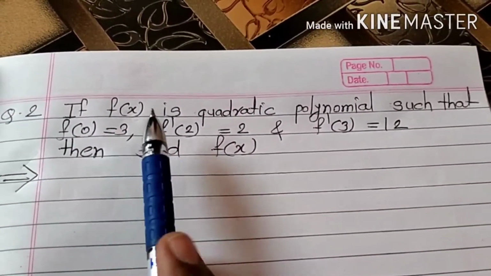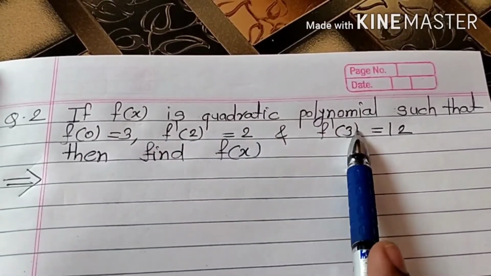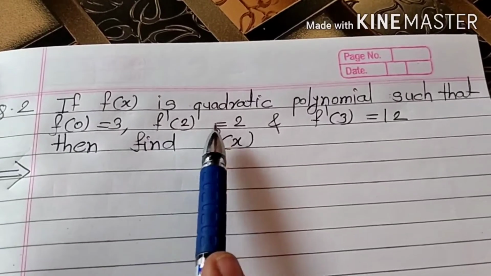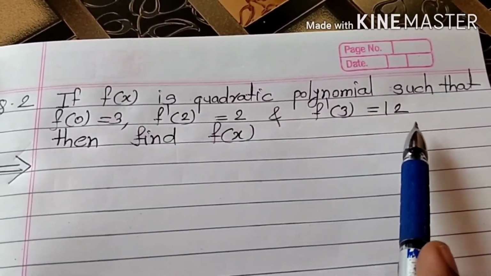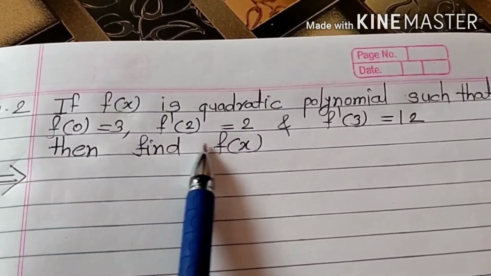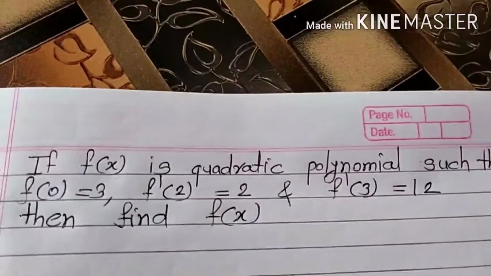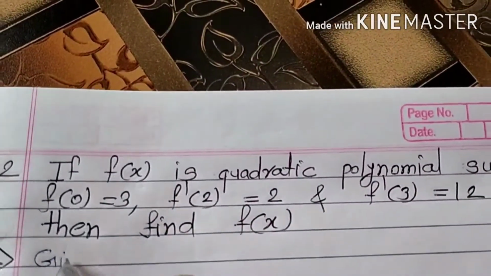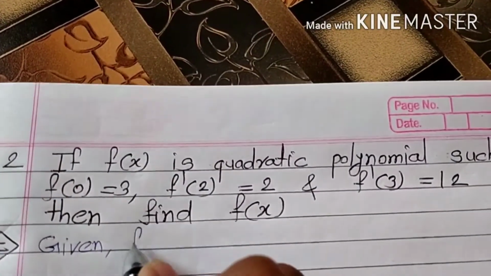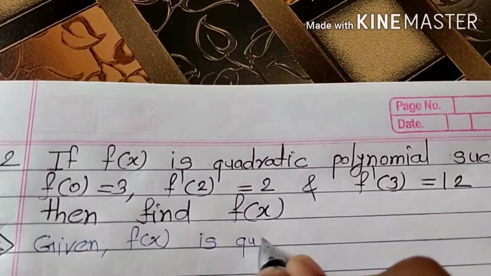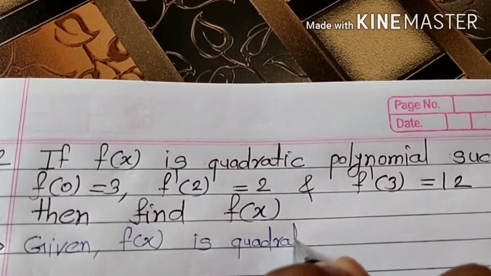Here given that if f of x is a quadratic polynomial such that f of 0 is equal to 3, f dash of 2 is equal to 2 and f dash of 3 is equal to 12, then find f of x. So first write given f of x is a quadratic polynomial.